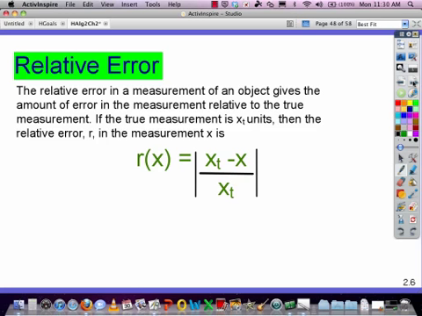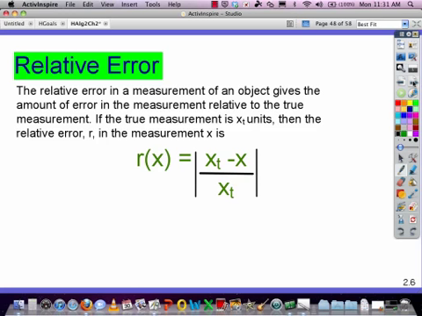If the true measurement is x of t units, then the relative error r in the measurement, x, is r of x equals, you will take the absolute value of the true measurement minus the measurement x, and you will divide it by the true measurement.